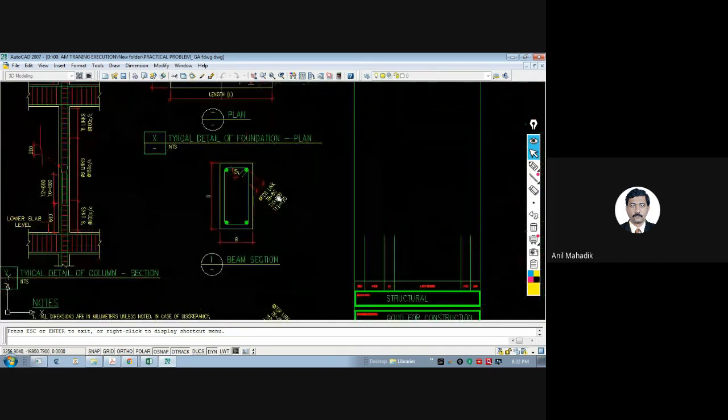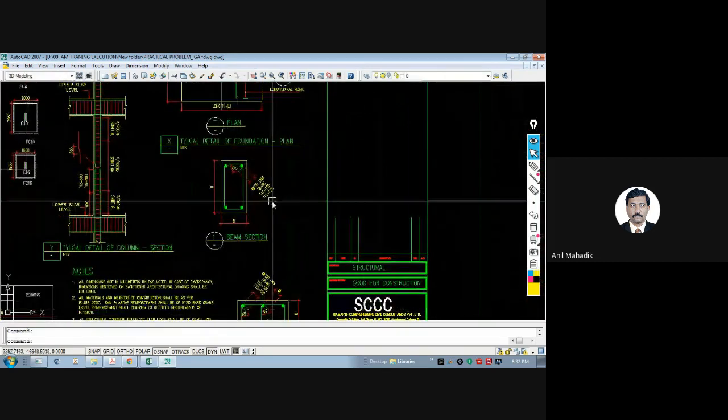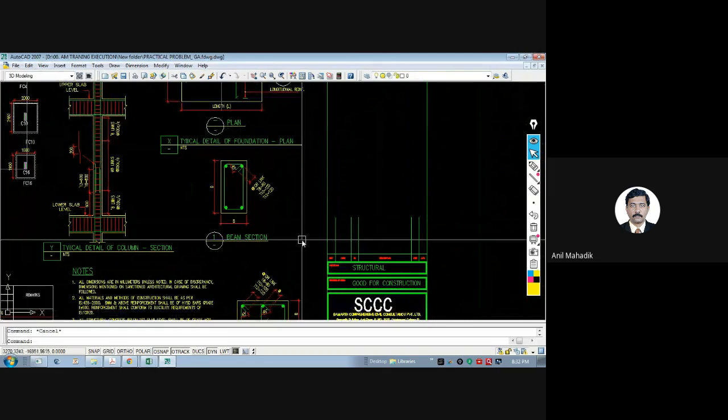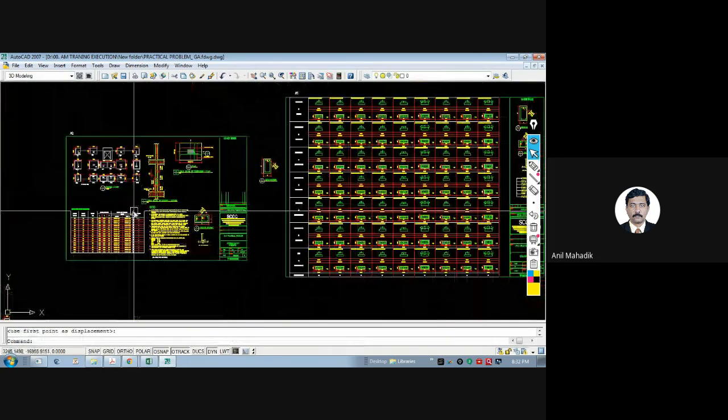Okay, let me finish this part first. So actually, this is the beam section. There is no need of beam section in this drawing, ideally speaking. You're only interested in column details and foundation details in this drawing.